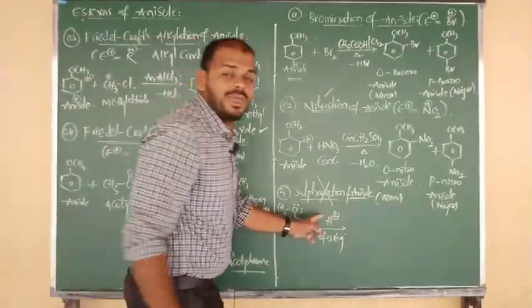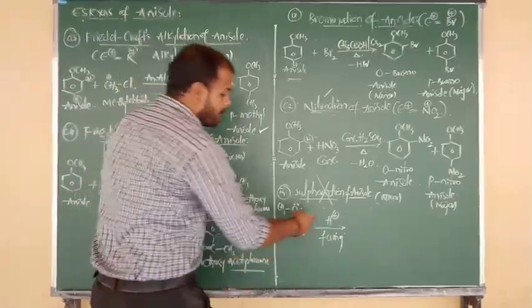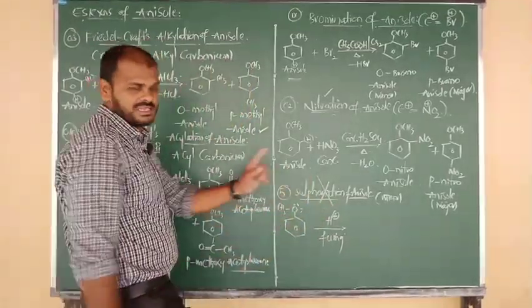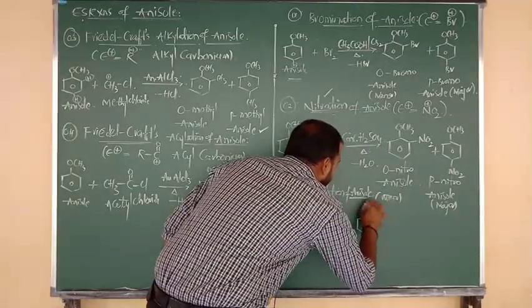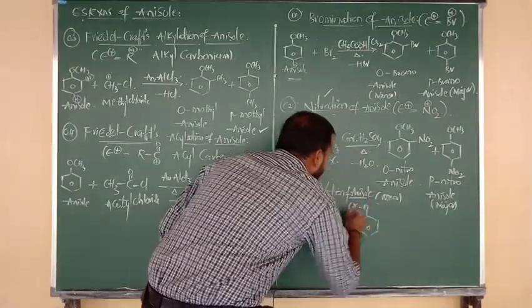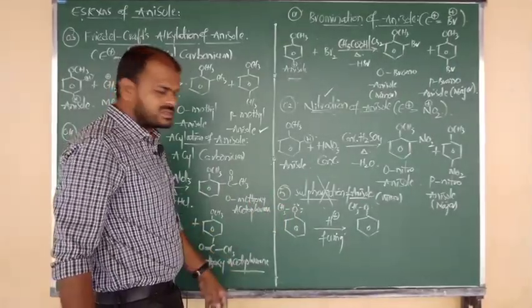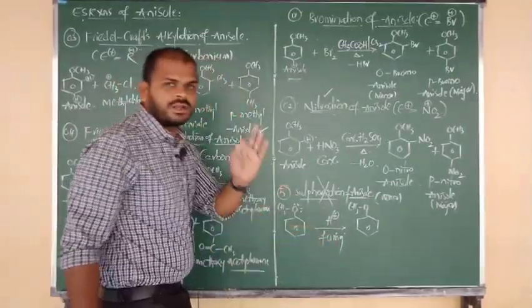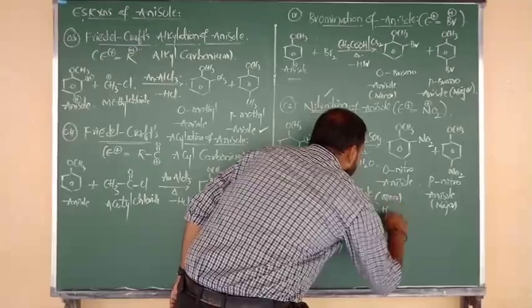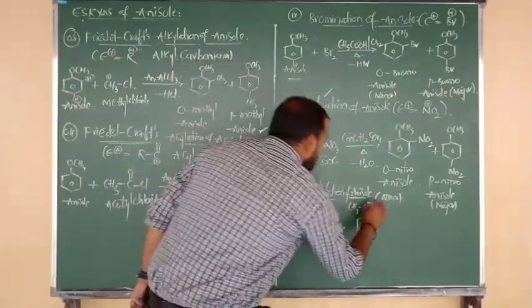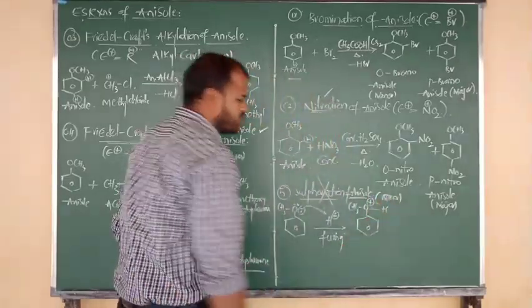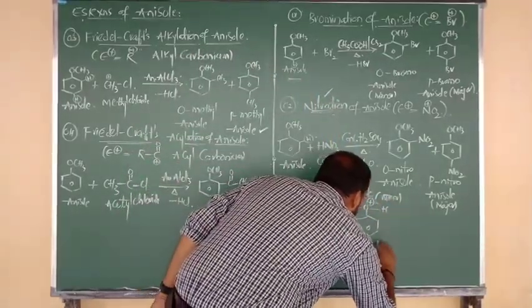So in presence of fuming sulfuric acid, protonation takes place upon oxygen. Benzene connected to OCH3, and another side connected to H plus. After donation of one lone pair to the hydrogen atom, the central O contains the charge plus. This is called protonated anisole.